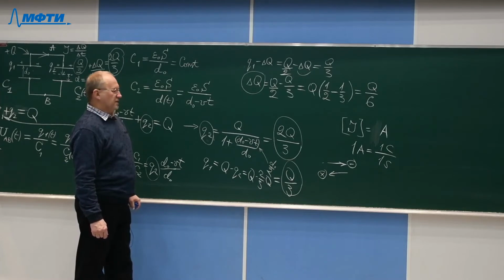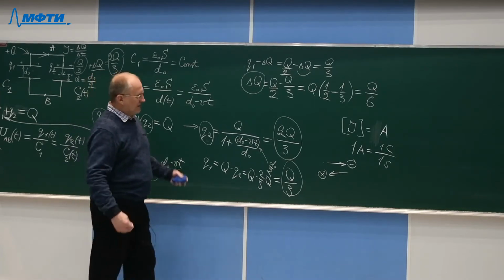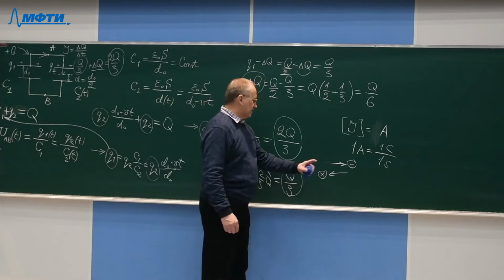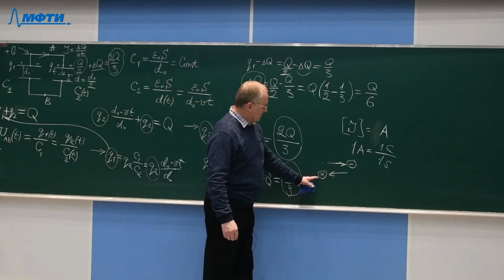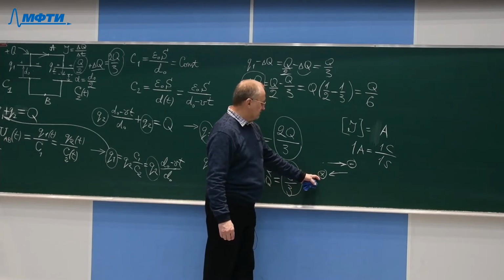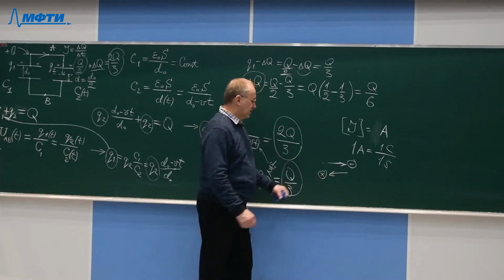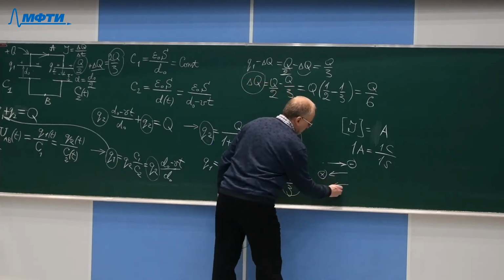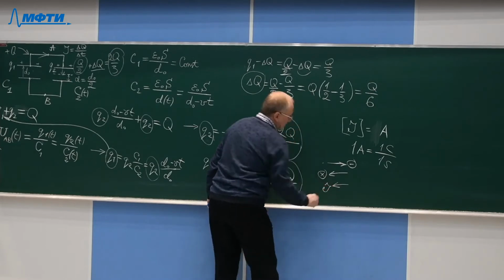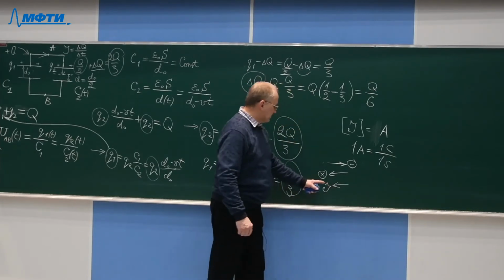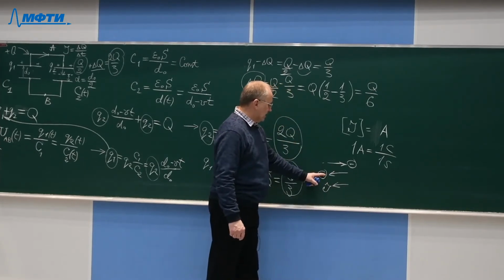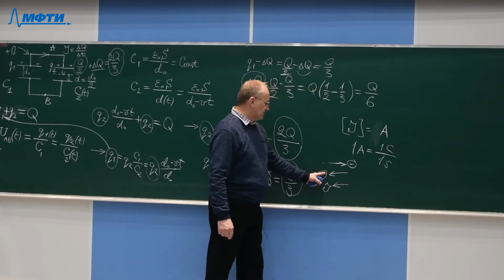By convention, it was accepted by all physicists that the direction of motion of positively charged particles coincides with the direction of electric current. So the electric current is always directed in the same way as the velocity of the positively charged particles in the electric current.